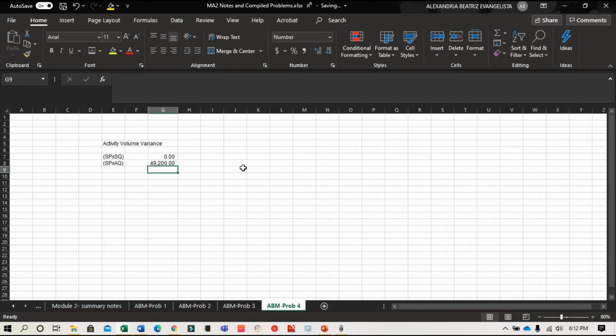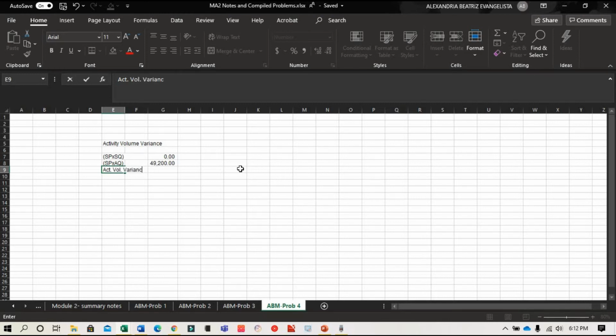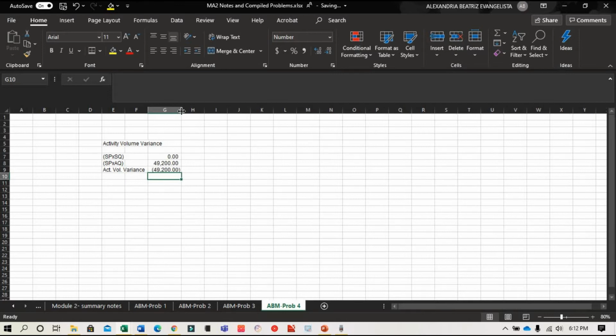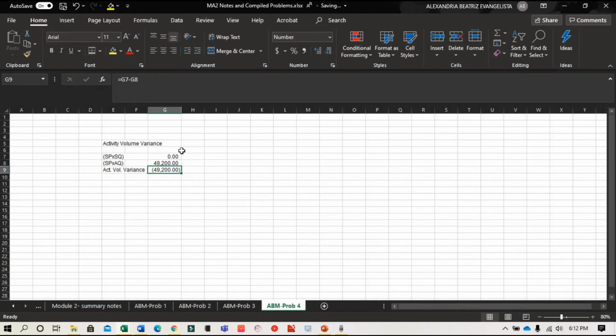That would give us 49,200. So if we're going to get the difference between these two, which is the activity volume variance, we would have, so since it's negative, this variance is unfavorable.